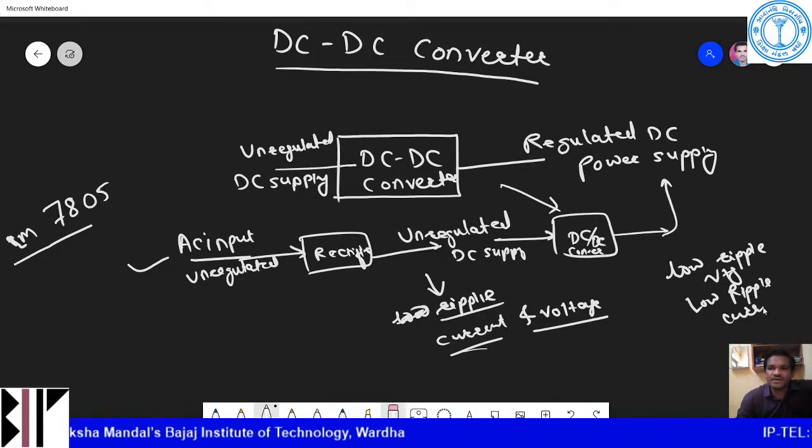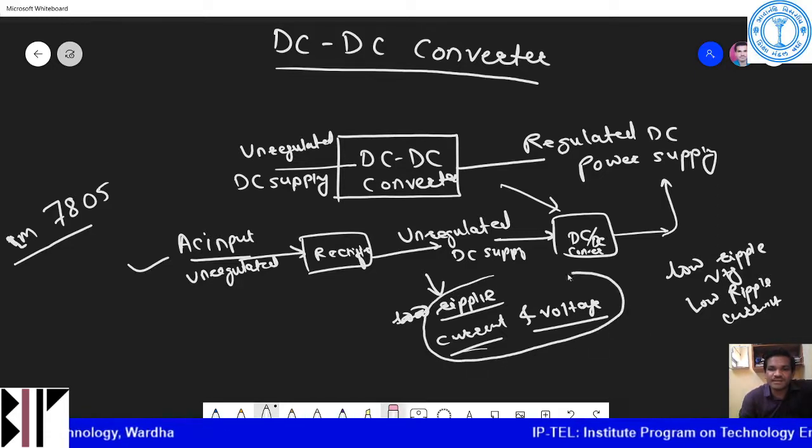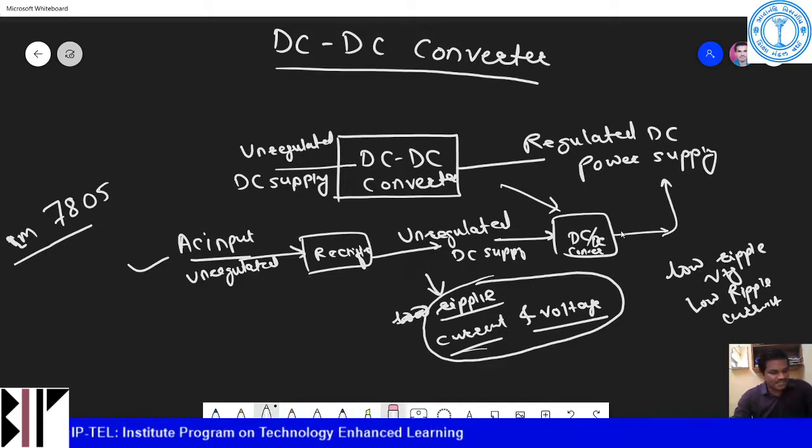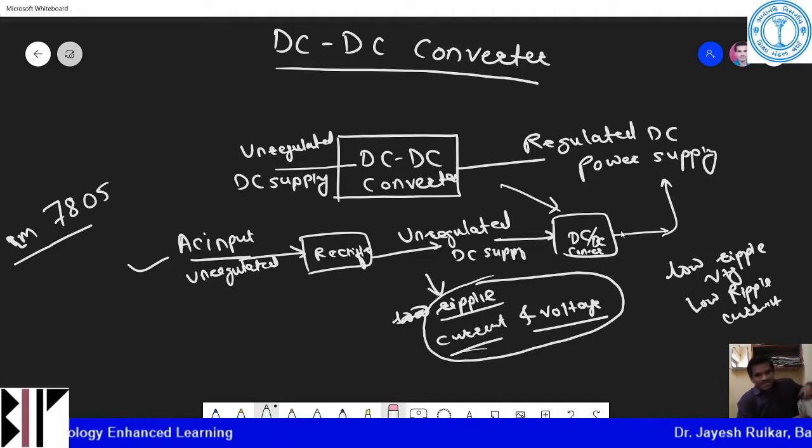In order to reduce these ripple voltages and ripple currents from the rectifier circuit, we will use this DC DC converter.